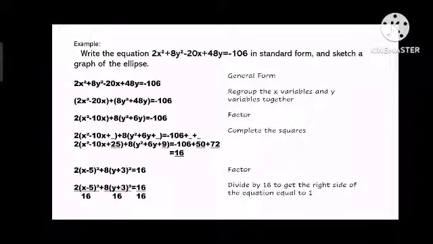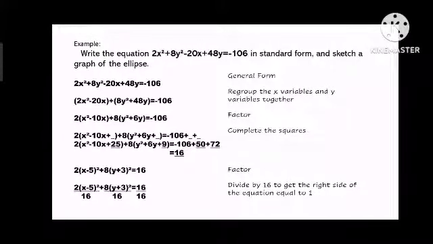Then, we have to factor the perfect square trinomials inside the parentheses and write them as binomials squared. So x squared minus 10x plus 25 becomes quantity x minus 5 squared, and y squared plus 6y plus 9 becomes quantity y plus 3 squared. So we have 2 quantity x minus 5 squared plus 8 quantity y plus 3 squared equals 16.